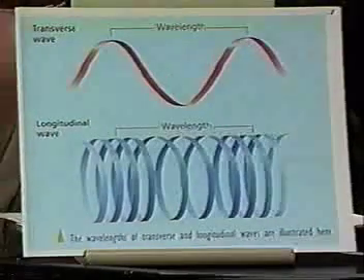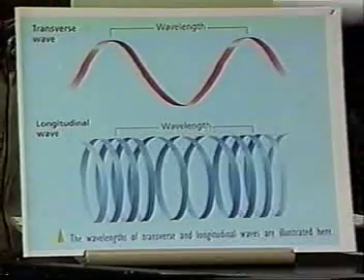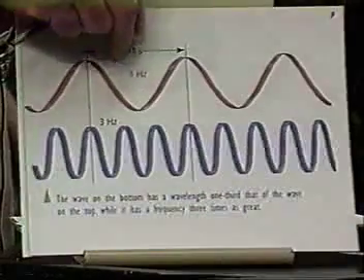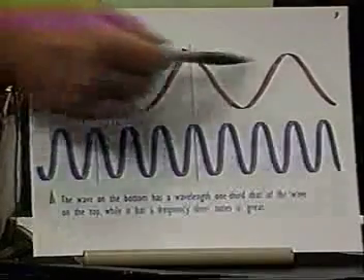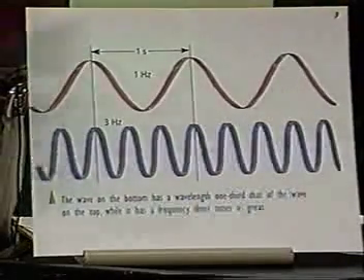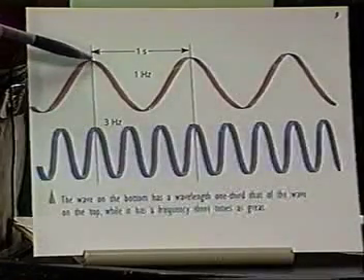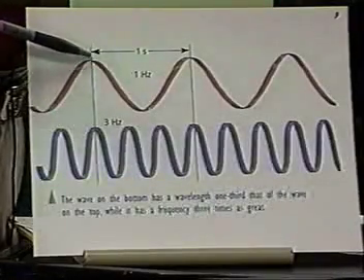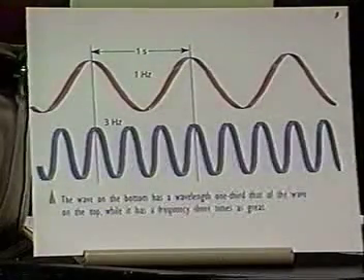Okay? Frequency is how fast it goes up and down. If we look at the two waves, the transverse wave and the longitudinal wave again, the frequency is how many of these waves pass a given point at one time.